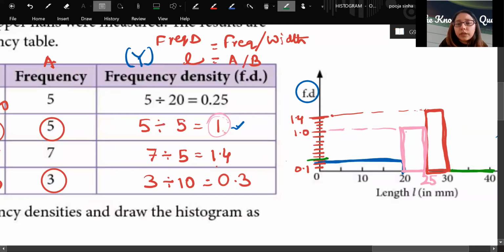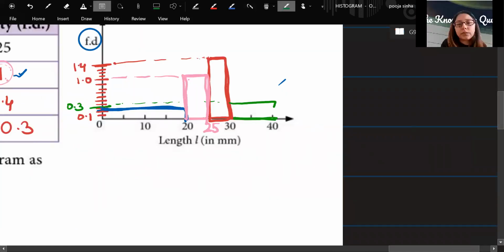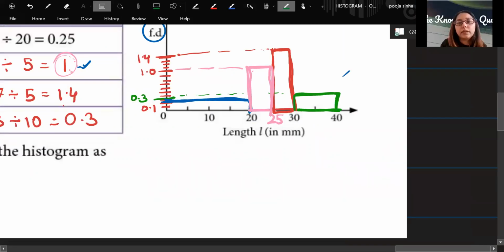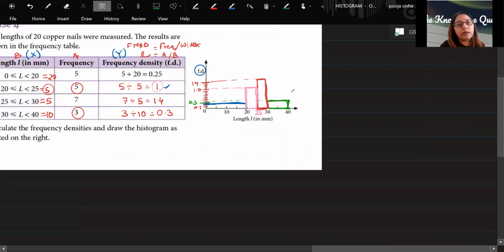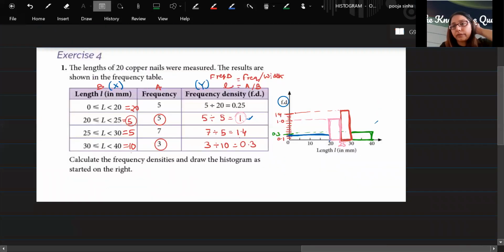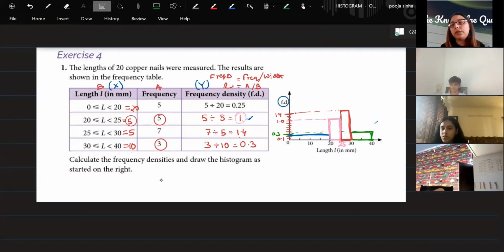This was 0.3, so this is the height that I'm supposed to keep. Okay. So this is how it should be. Got it, everyone? Have we understood how to make a histogram with frequency density? Very, very common question in all past papers. Zarur, you will definitely get a question on this.